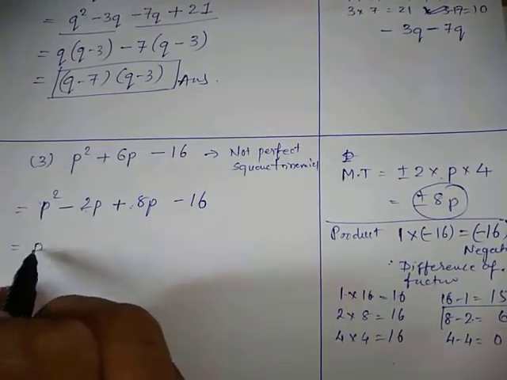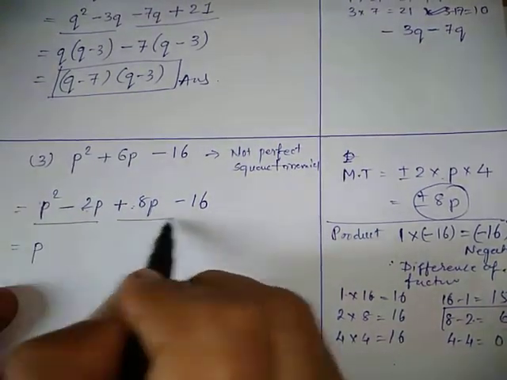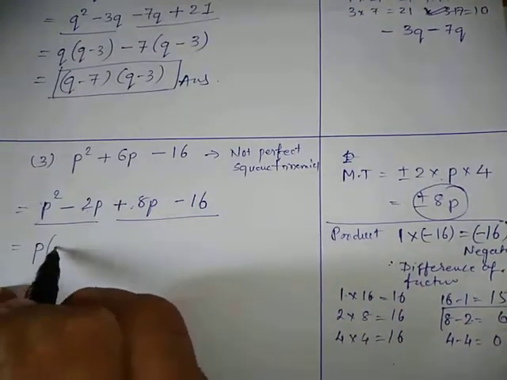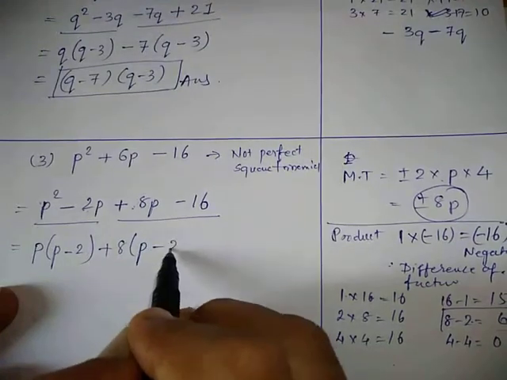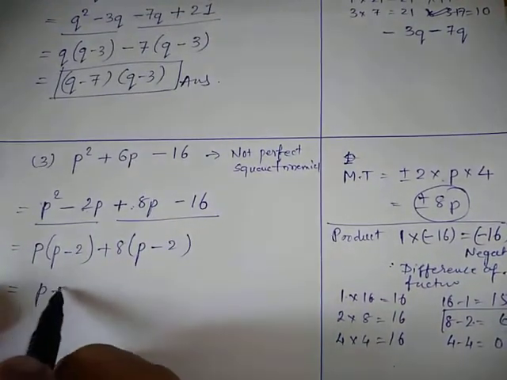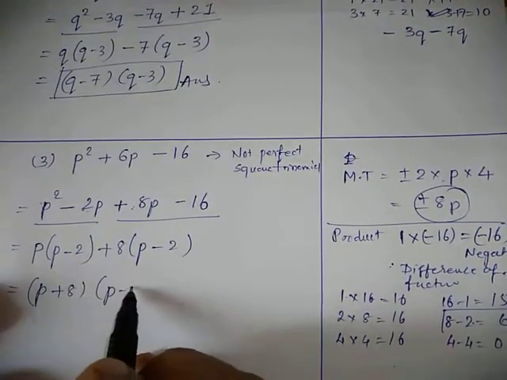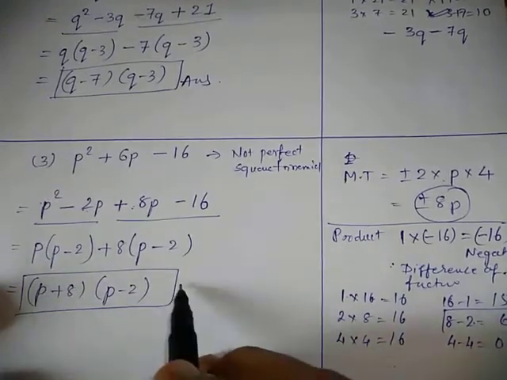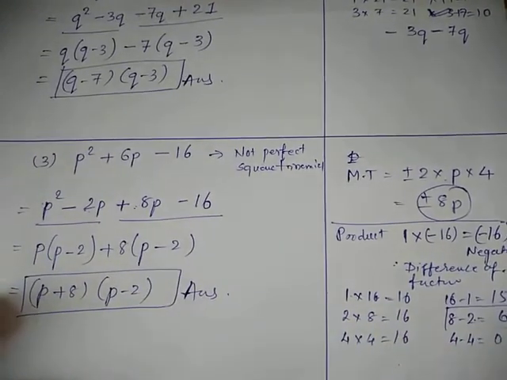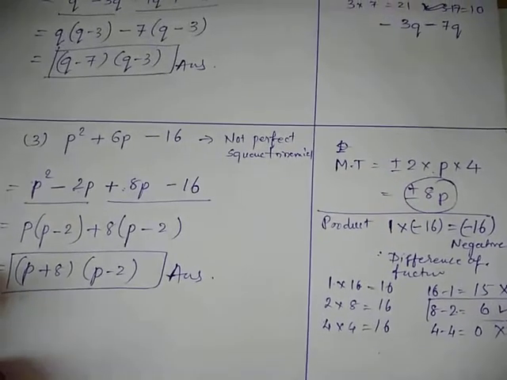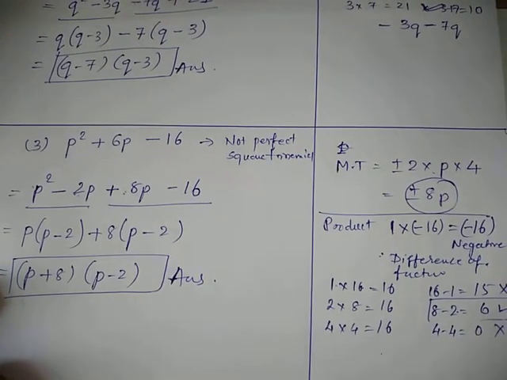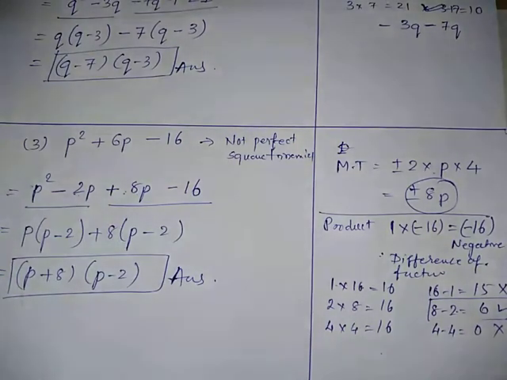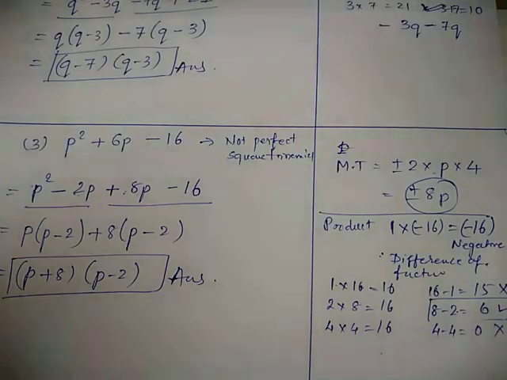Now you can factorize these two binomials: p minus 2 plus 8p minus 2. So you will get p plus 8 and p minus 2. These are the factors. So we have almost completed exercise 14.2 question number 5. Clear friends? Hope you understood. Now we proceed to the new topic.